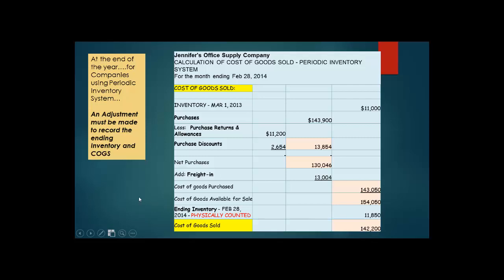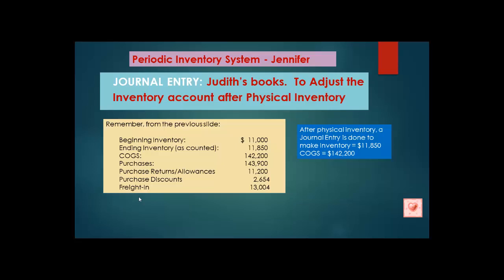We have to make an adjusting journal entry. We have to clear out all the balances in these temporary accounts and update. We have to update the inventory account to reflect what we physically counted. We have to update the cost of goods sold account to reflect what we calculated, and we have to eliminate the balances in these other accounts.